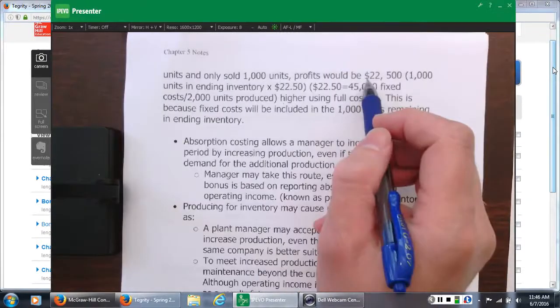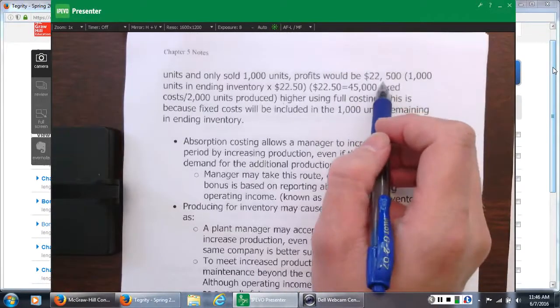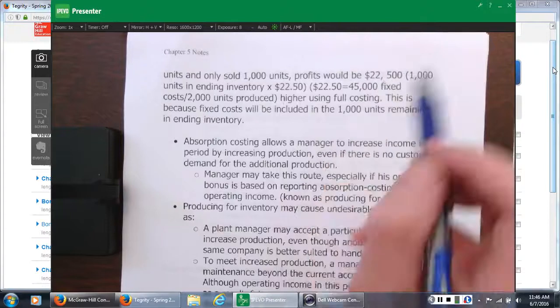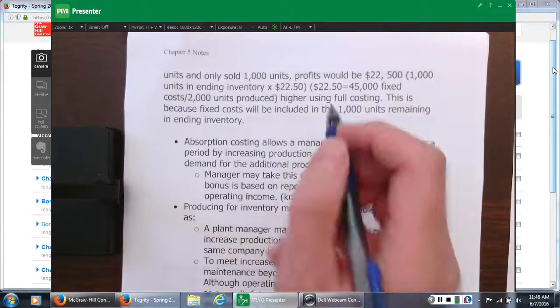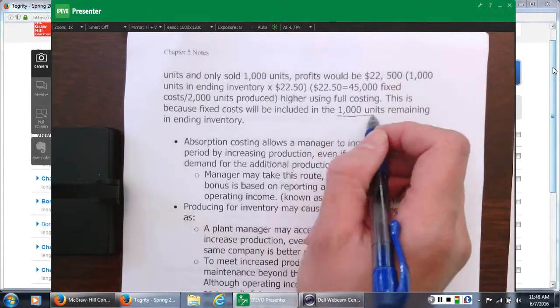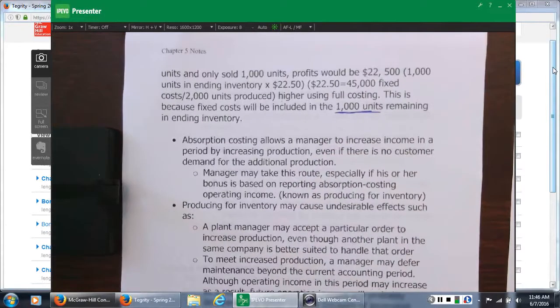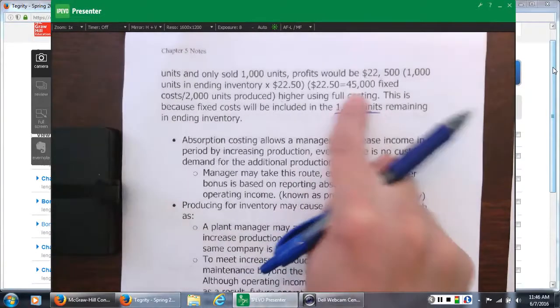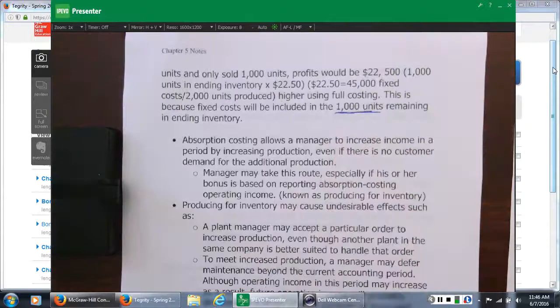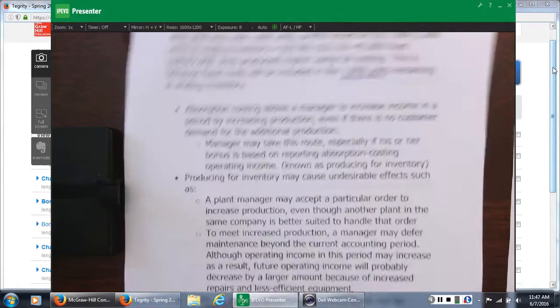And profits would be actually $22,500 higher under full costing than under variable costing, and that's because some of that fixed manufacturing overhead will be attached to those 1,000 units in ending inventory, and that fixed manufacturing overhead will be recognized. It will show up as an expense on the income statement in the next accounting period in which they are sold. Okay?